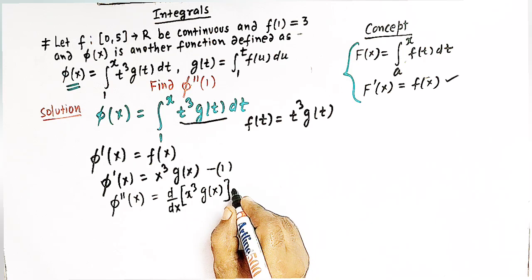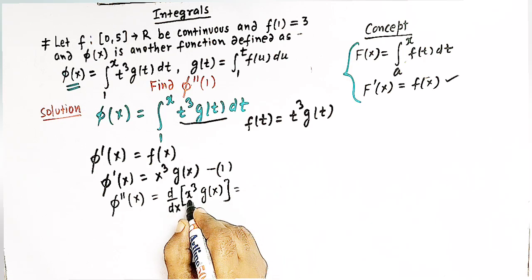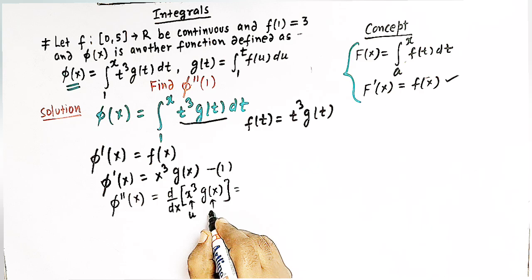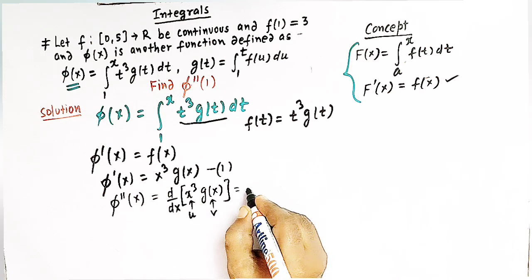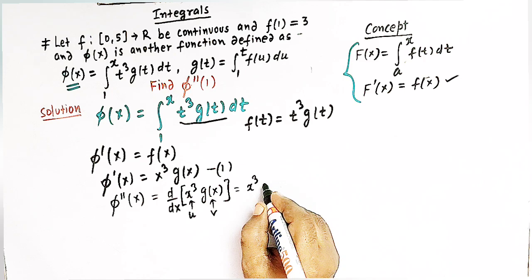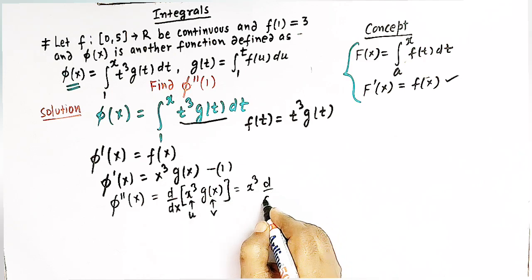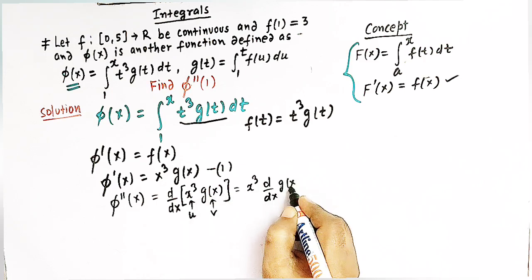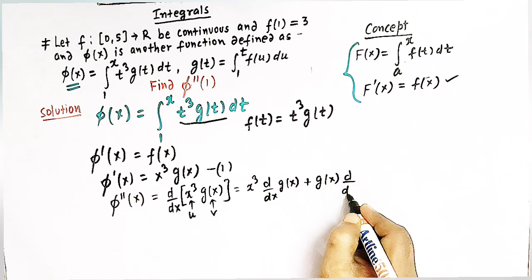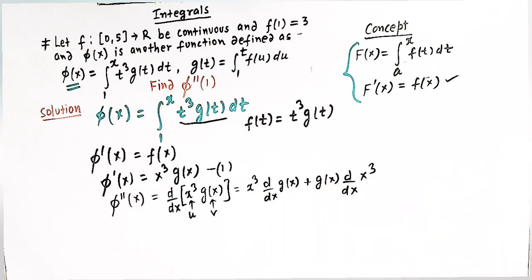So using the product rule, here the function x cube can be taken as u, and g of x can be taken as v. So we have the first function, that is x cube, then the derivative of g of x, and then we have g of x and the derivative of x cube, right?